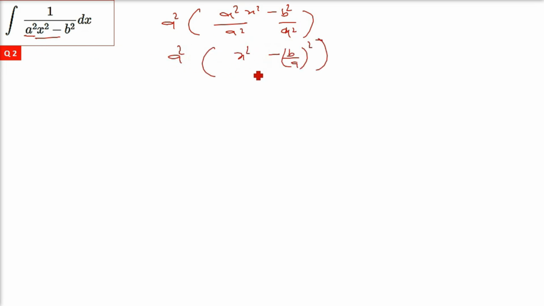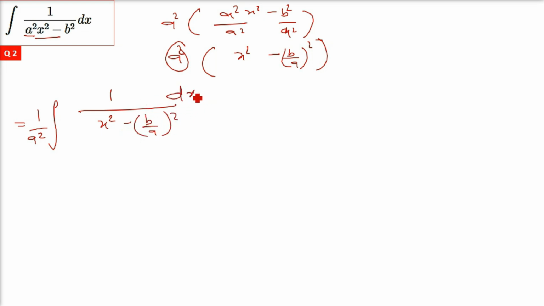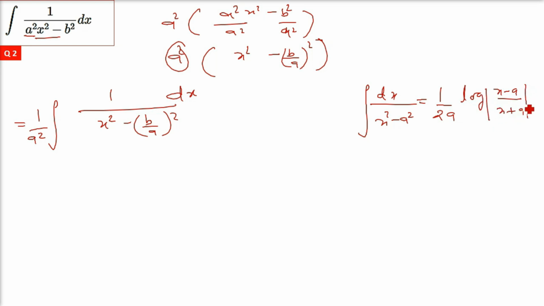So what do you get in the denominator? Let's see, integration of. So we have this 1 by a square here, and x square minus b by a whole square. That means now you have to employ a formula here for the integration. And what will be that formula? We have just seen a formula in the previous question. So let me tell you that dx divided by, or 1 by x square minus a square integration will be 1 by 2a log x minus a divided by x plus a in the modulus plus a constant of integration.